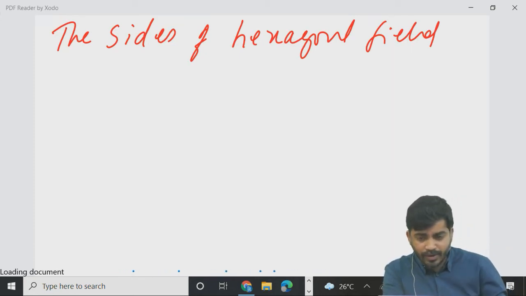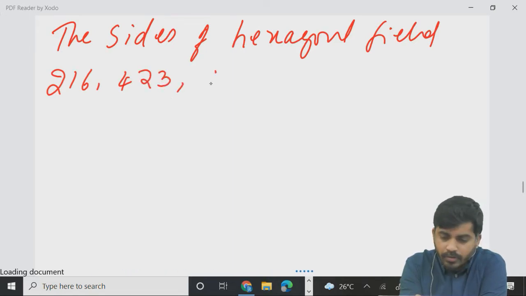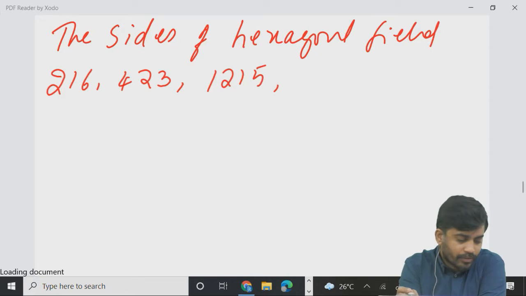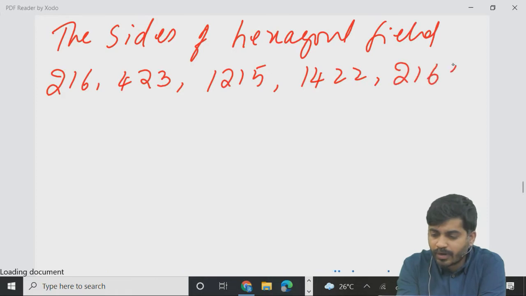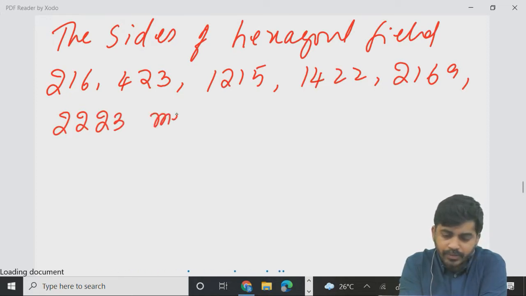The sides of the hexagonal field are 216, 423, 1215, 1422, 2169, 2223 meters.